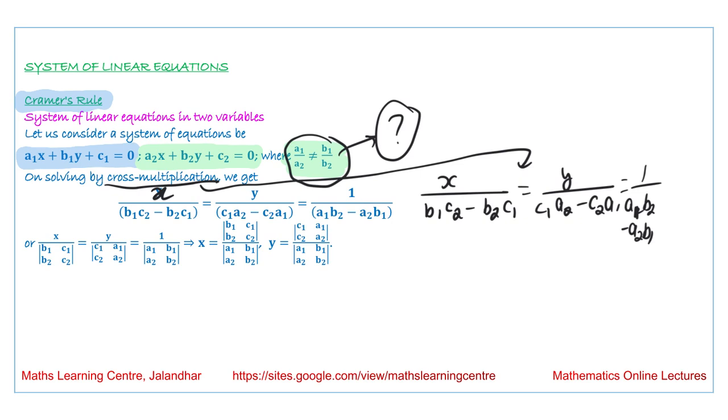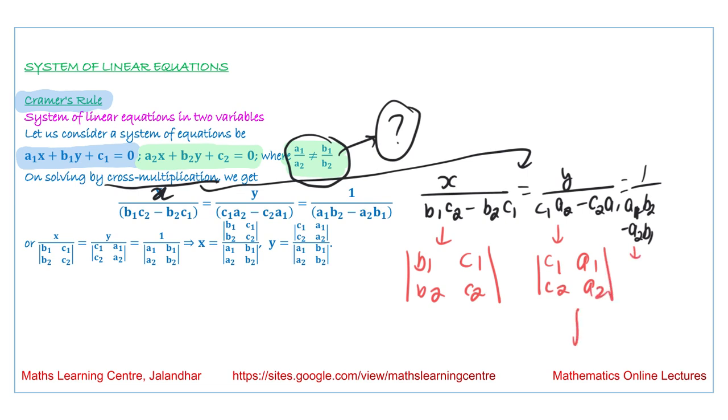And if we look carefully at these values, these are basically determinants: the determinant with rows b1 c1 and b2 c2, the determinant with rows c1 a1 and c2 a2, and the determinant with rows a1 b1 and a2 b2.